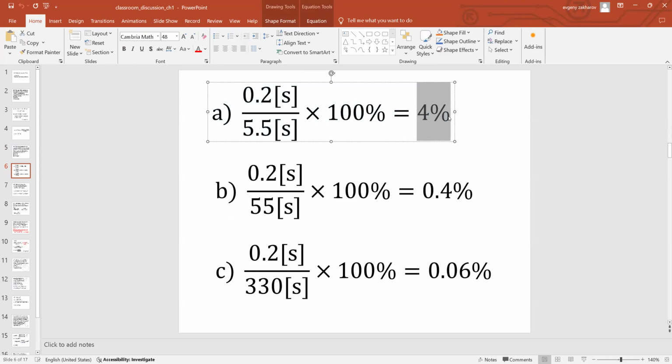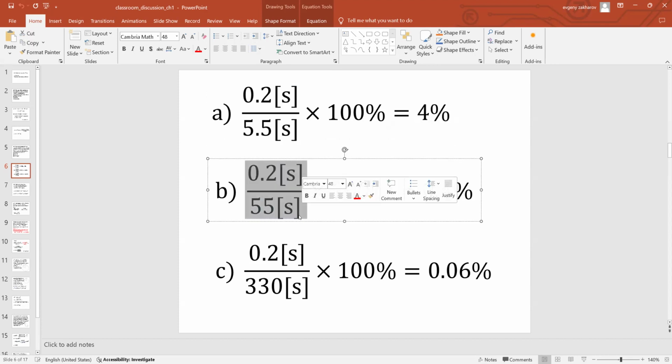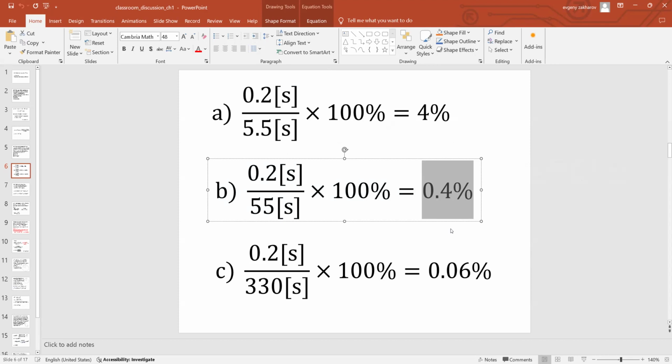And you get about 4% uncertainty, which is okay, but can be better, right? Can be less of a number, which is exactly what happens when you measure larger amounts of time. See how for 55 seconds, the same uncertainty gives you only 0.4%, which is 10 times better, more accurate.